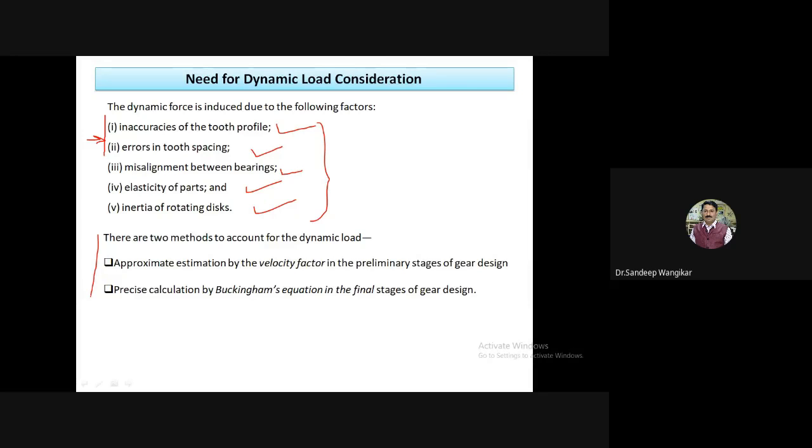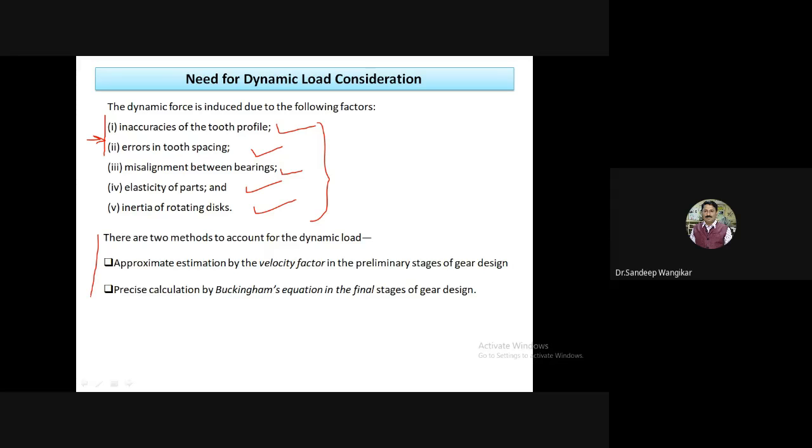Whatever we have discussed up till now is the theoretical part giving the significance, but now we will be discussing the approximate estimation and the precise calculation. These are some of the important formulas. I will give you some time and you write down these formulas also. So there are two methods to account for this dynamic load. We will be calculating P effective based on these two methods.